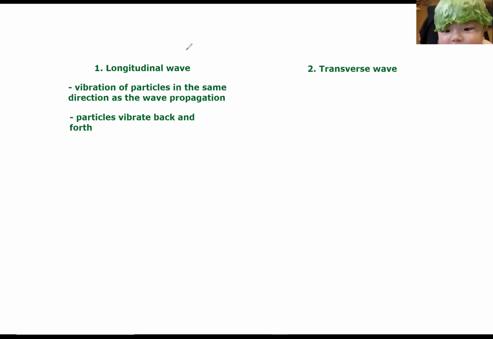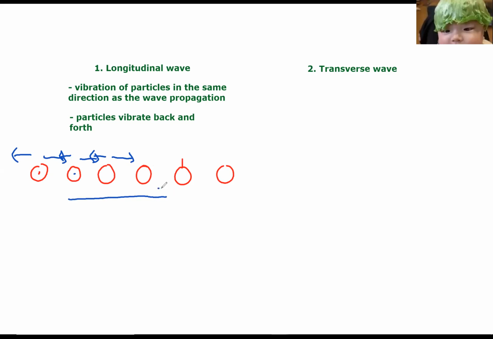What do I mean by this? Now, let's take the previous example. So these are all the particles. As the first particle vibrates, it moves here and back, back and forth, and it knocks the second particle and repeats the same process, and the third particle also repeats the same process. And then you see the direction of the wave going here. This is the direction of the wave, from left to right.